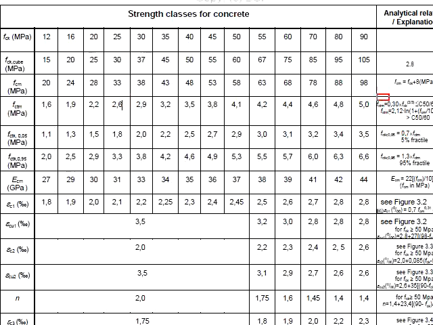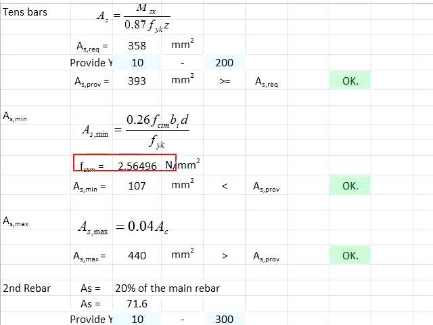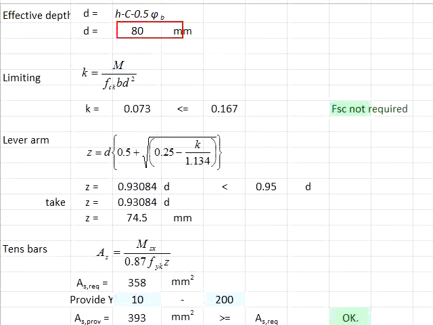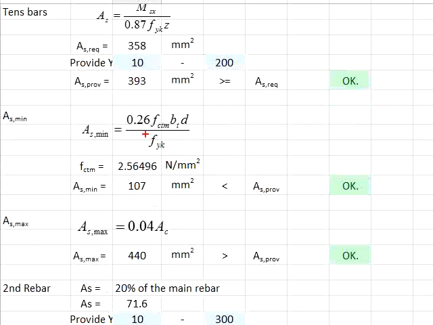Or you may use the equation here for you to determine the FCTM, which in this case is calculated from the equation. Substitute into the equation here. The width here is 1 meter unit width. The depth here is calculated, which is 80 mm, and FYK is given as 500 N/mm².